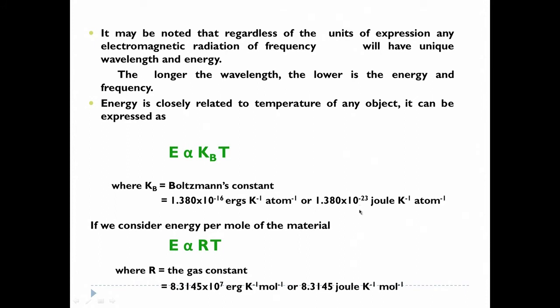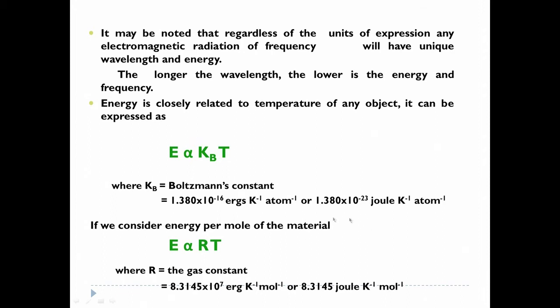If we consider energy per mole of the substance, because nobody considers the energy of a material per atom, it is rarely considered. What we consider is per mole. What is a mole? A mole is a quantity containing 6.023 into 10 raised to 23 atoms.